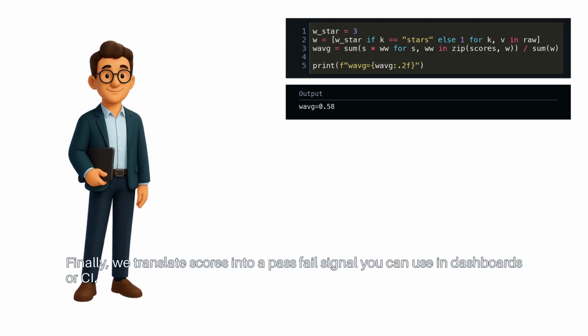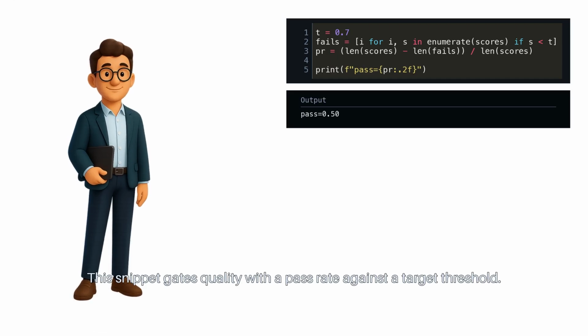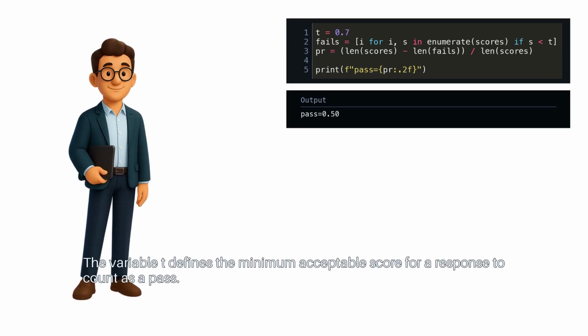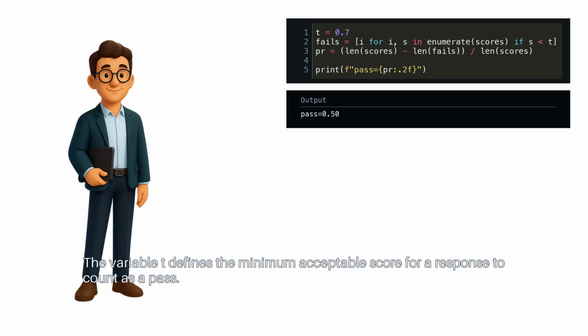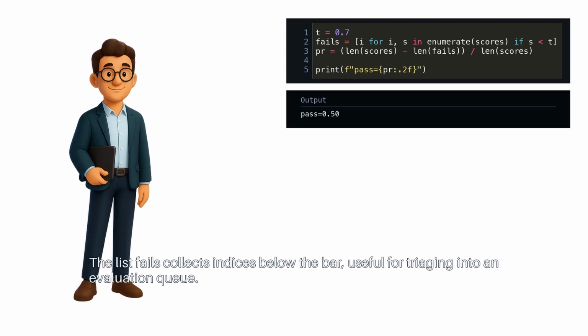Finally, we translate scores into a pass-fail signal you can use in dashboards or CI. This snippet gates quality with a pass rate against a target threshold. The variable T defines the minimum acceptable score for a response to count as a pass. The list fails collects indices below the bar, useful for triaging into an evaluation queue.